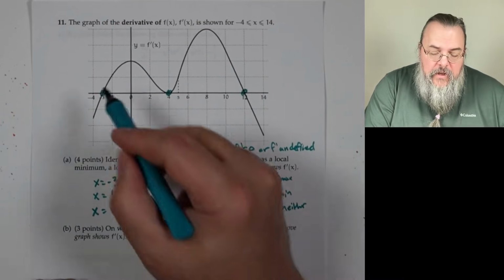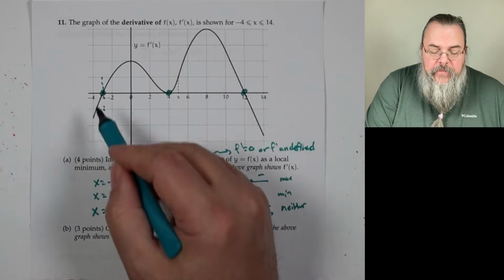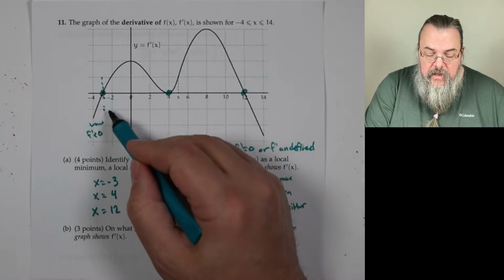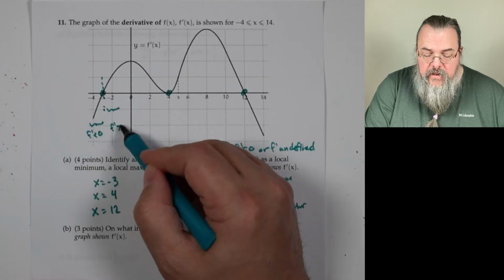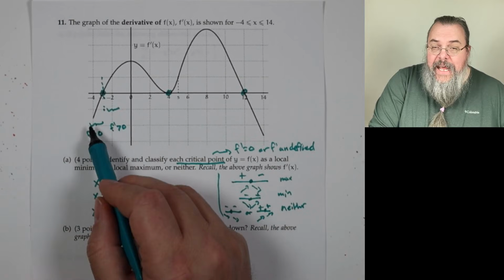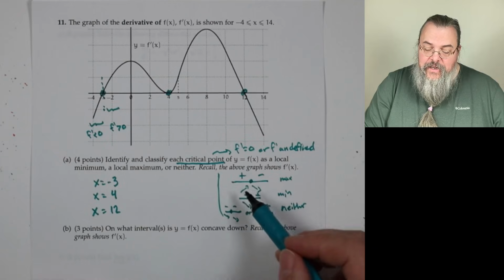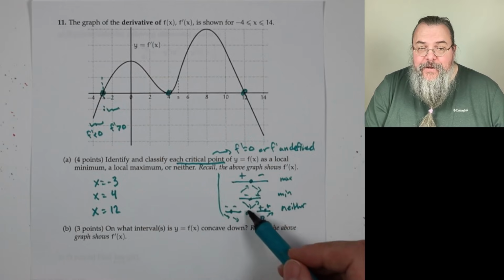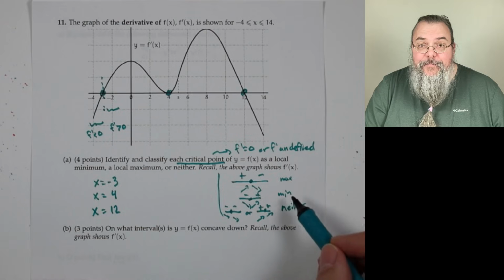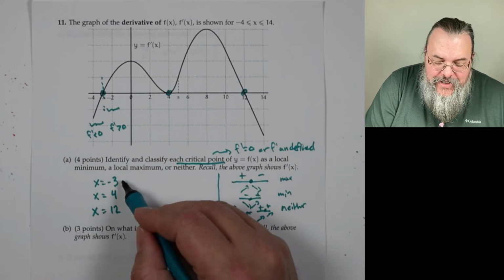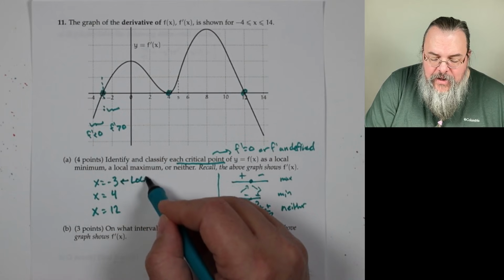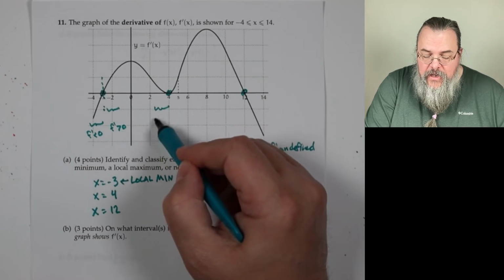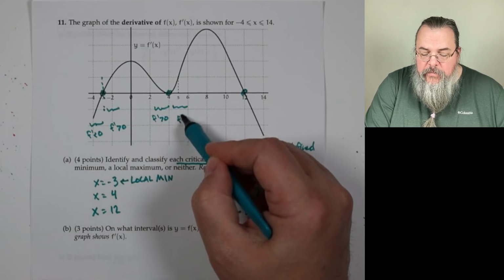So what are we looking at? Well, look at -3. Here we see the derivative is negative, and then we see the derivative is positive. So we're negative, then positive, going down, going up. So what kind of point do we have? It's a min. So this is a local min. Now at 4, well, we see we're positive and positive.